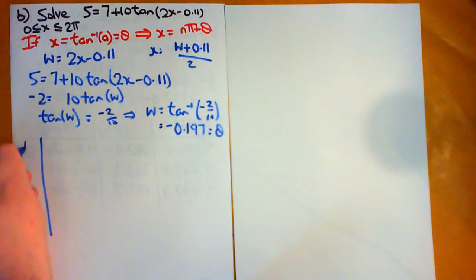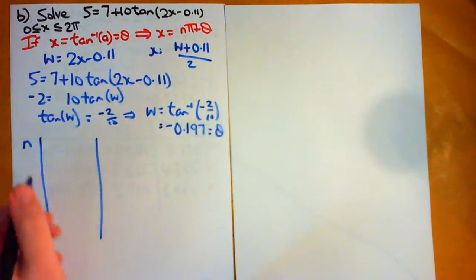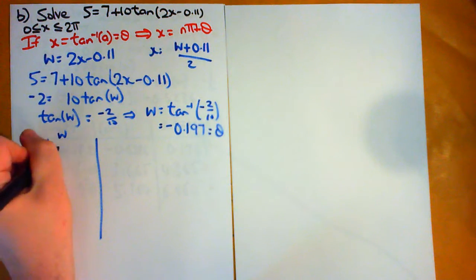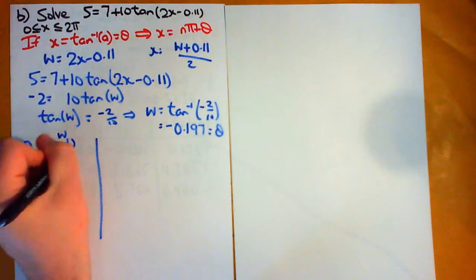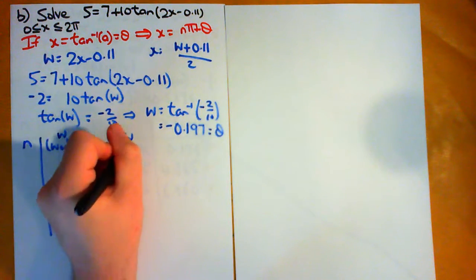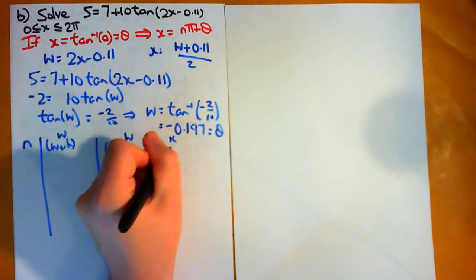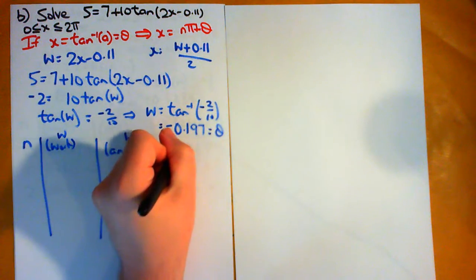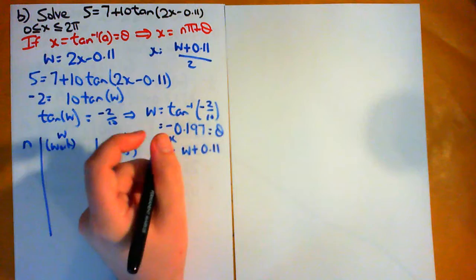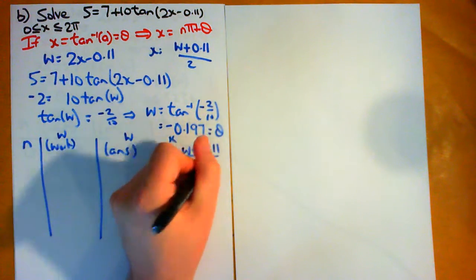Now we're ready to use our table. Okay, so we've got a column for n. We've got a column for w with working. We've got a column for w with an answer. And we've got a column for x, which as per our rearrangement is w plus 0.11 divided by 2.